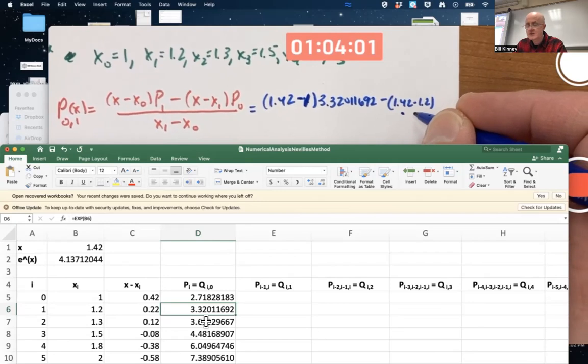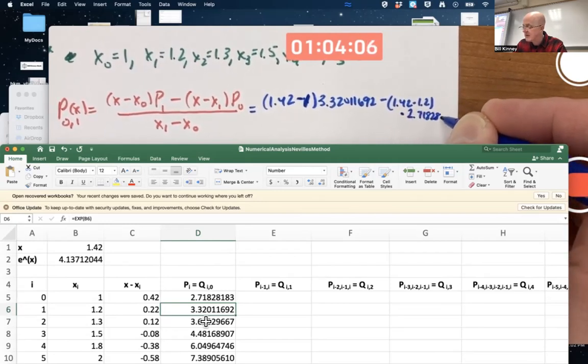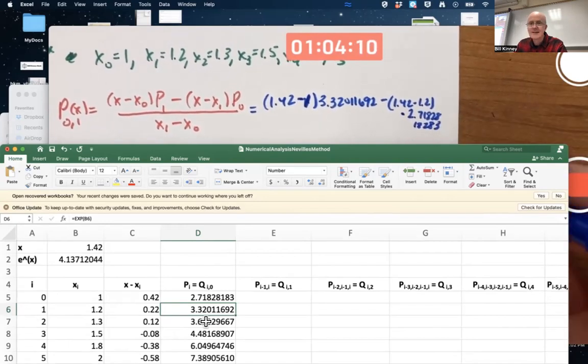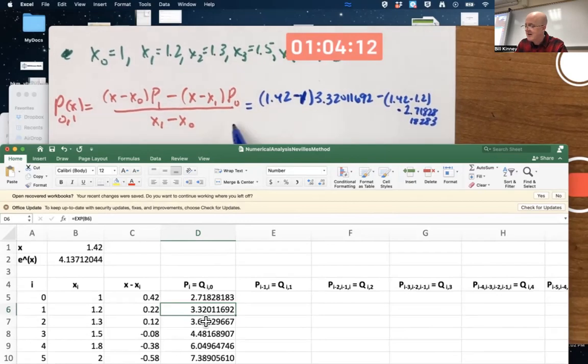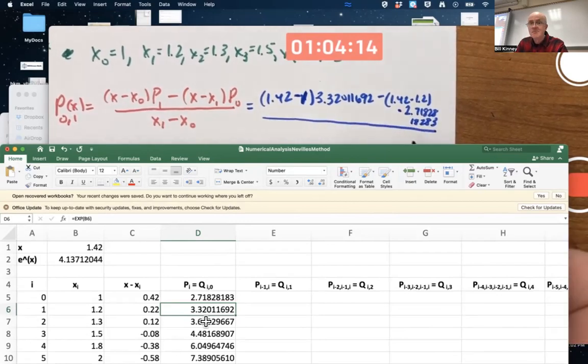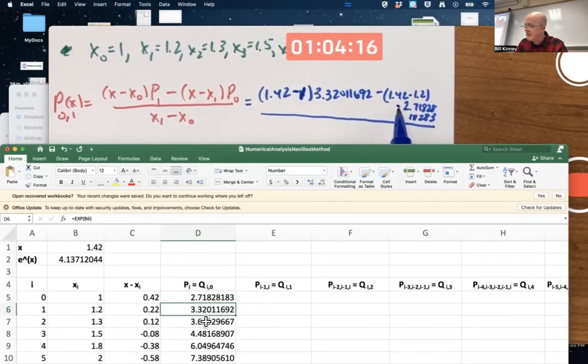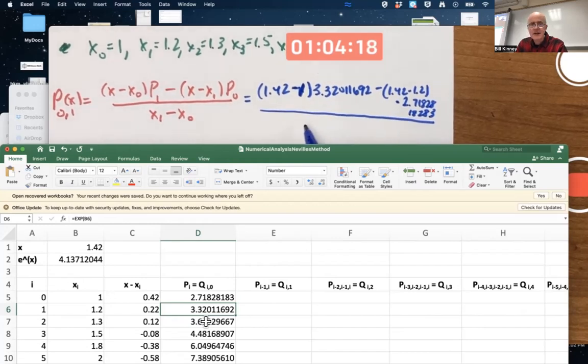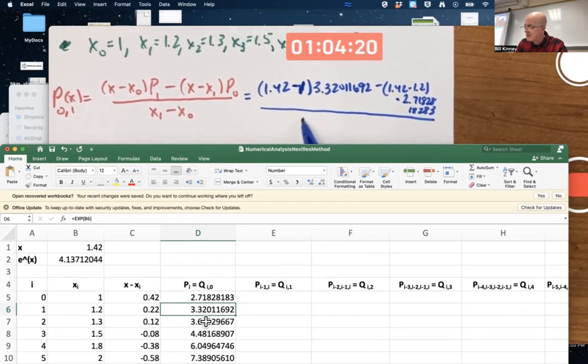Times P0, which is E, 2.718281828, out of room again. All divided by, that's a times there, by the way, that's a dot, all divided by x1 minus x0, 1.2 minus 1.